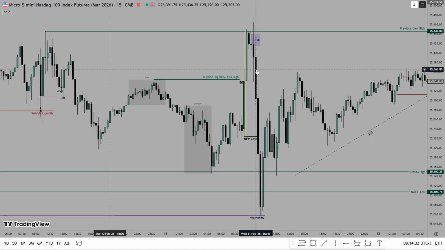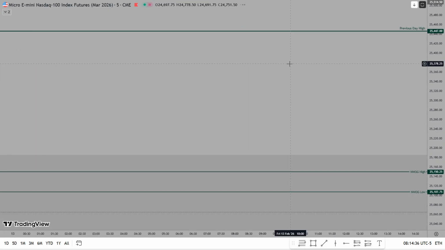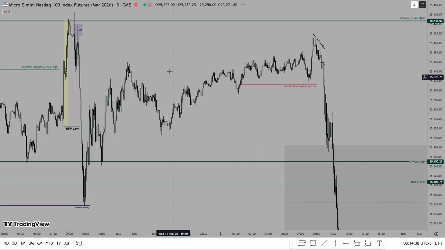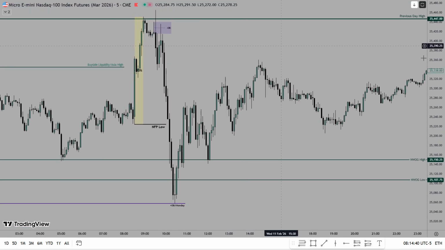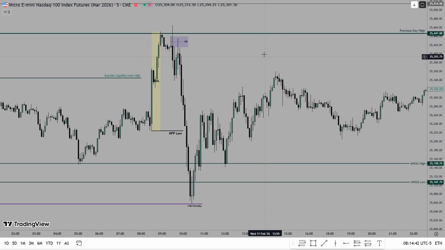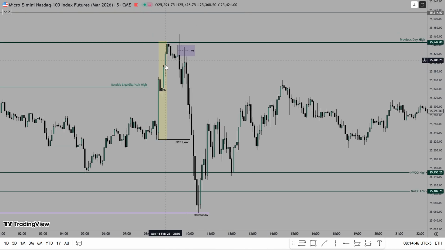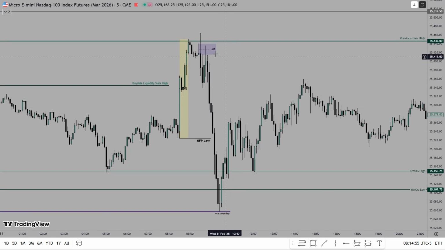After the release, see what entry opportunities it gave. Price took out this short-term high as well as the previous day high. Closed below it from this order block of the 5 minute chart.